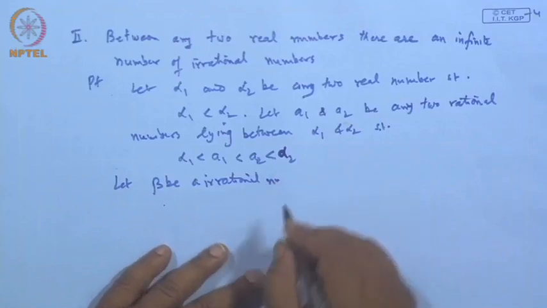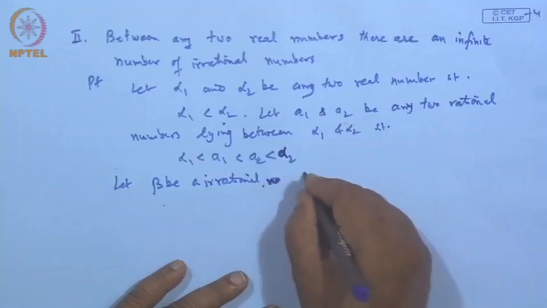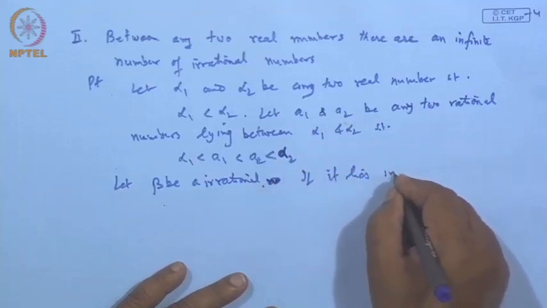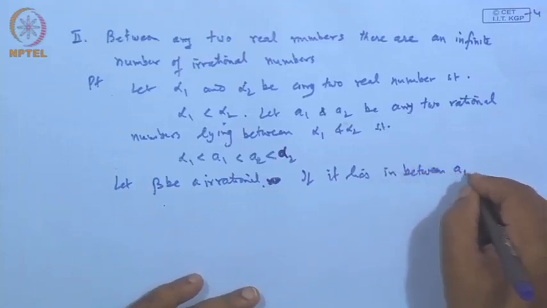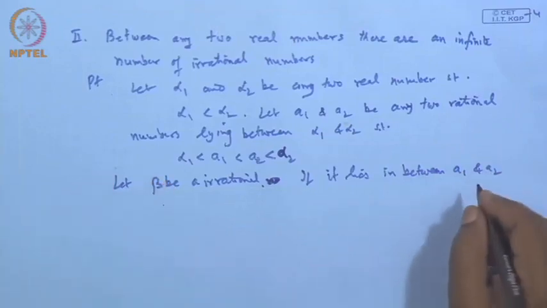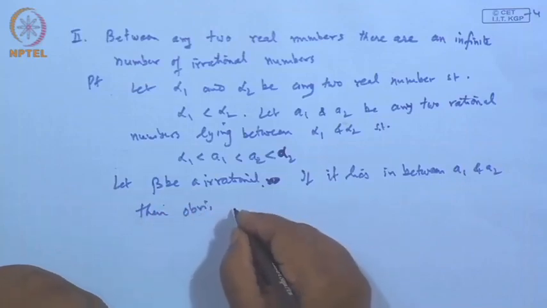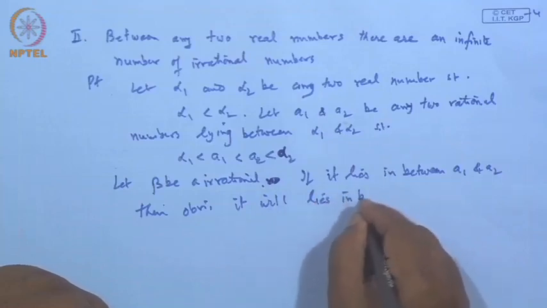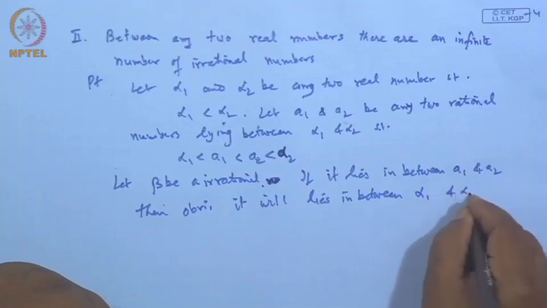If it lies in between a 1 and a 2, then our problem is solved, because then obviously it will lie in between alpha 1 and alpha 2.